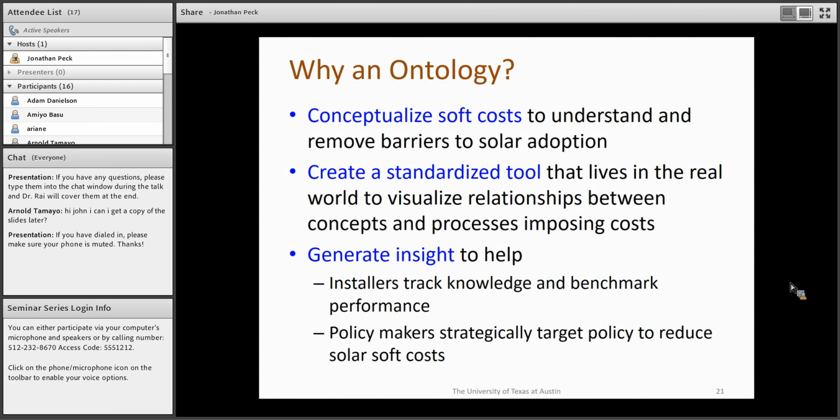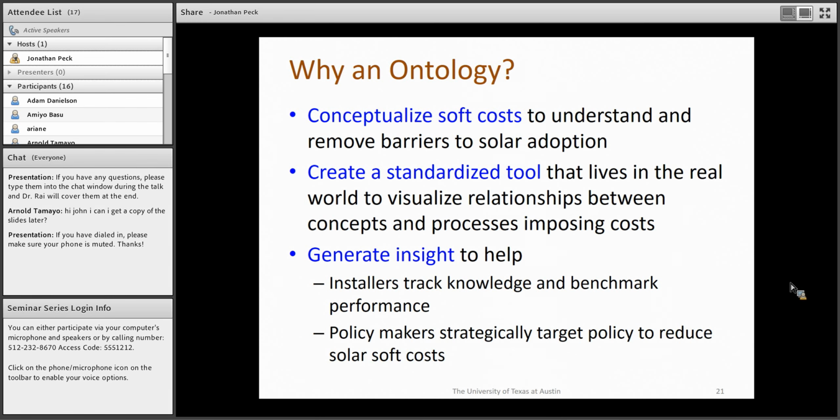But then also we are envisioning this ontology to provide a systematic standardized base so that different studies and different analysts can speak a common language in addressing soft costs. And we expect that both the installer community as well as policymakers and program managers will find this tool useful.